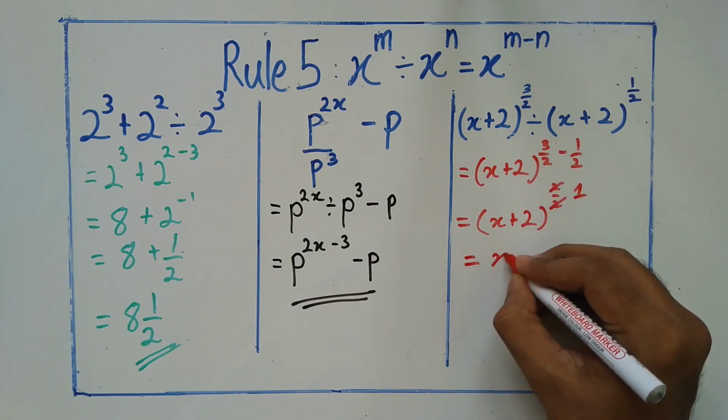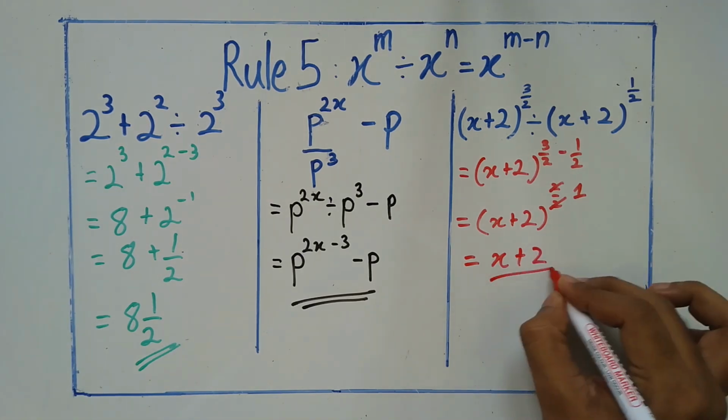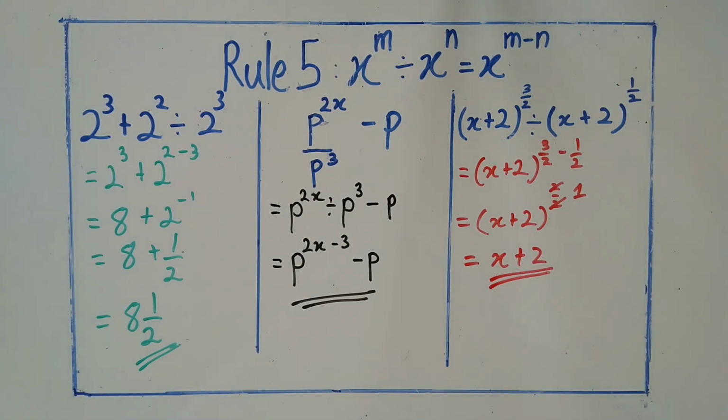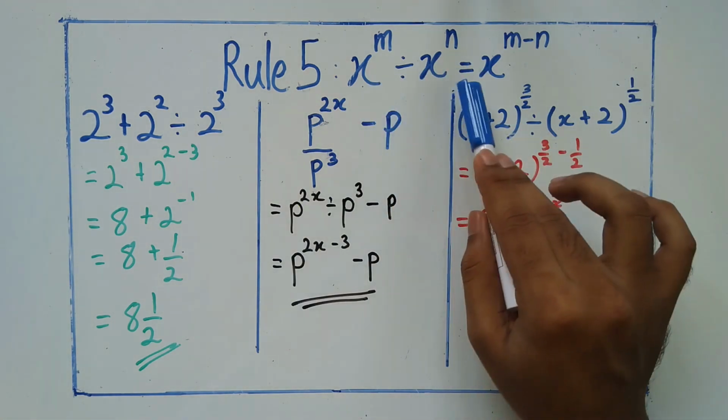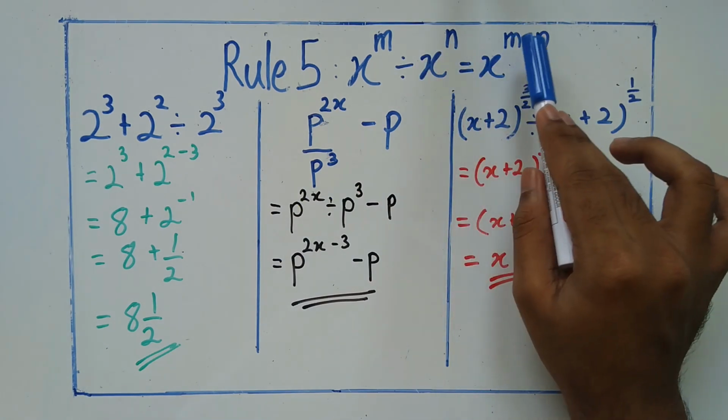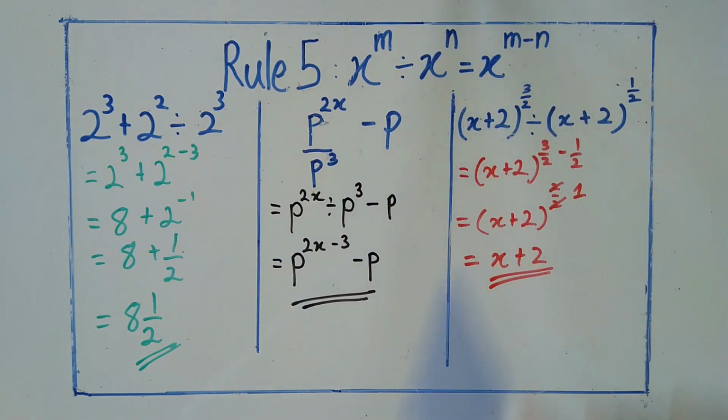This gives us x plus 2. Just remember, when you have two bases dividing each other, we can subtract the exponents together.